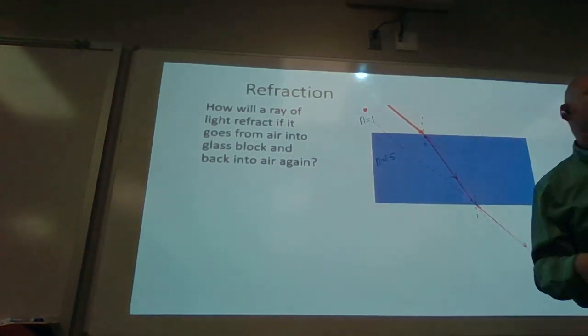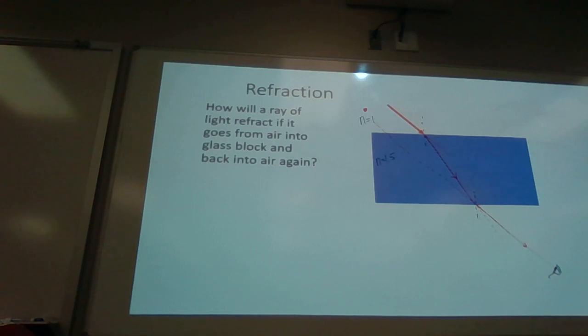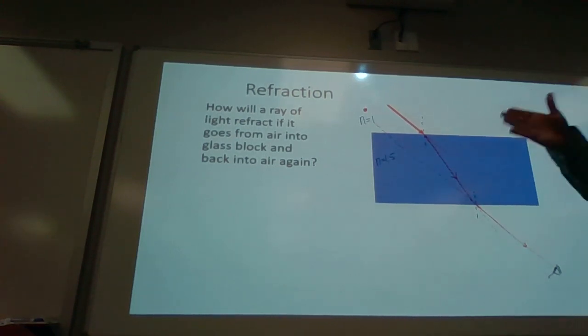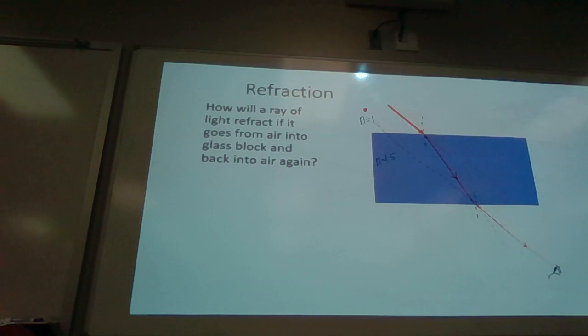But if you're trying to look through a window off to the side, like at the parking lot, oh, who's over there? That's where you get a shift between where the object looks and where it actually is. That makes sense? Any questions there? Hopefully that cleared up some confusion.